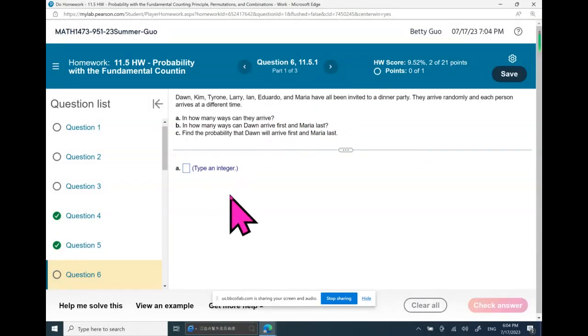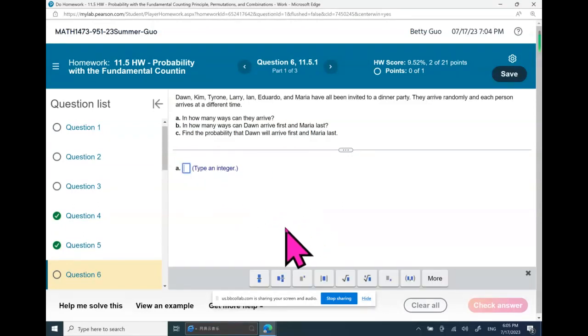Part A, in how many ways can they arrive? This is the same as the ways you arrange 7 books on the bookshelf. You are making ordered arrangements of the 7 items. So the total number of ways that they arrive is 7 factorial. 7 factorial is P(7,7), or 7 times 6 times 5 times 4 times 3 times 2 times 1.